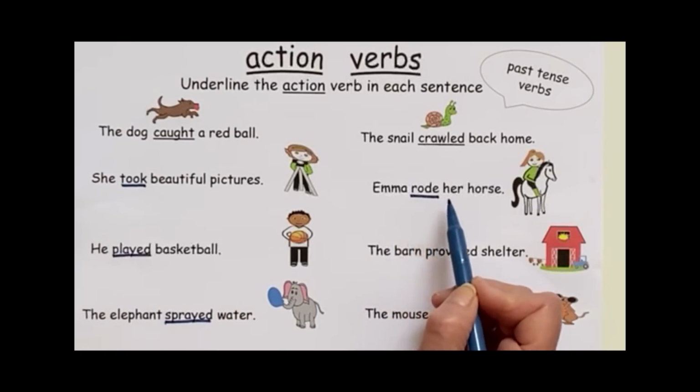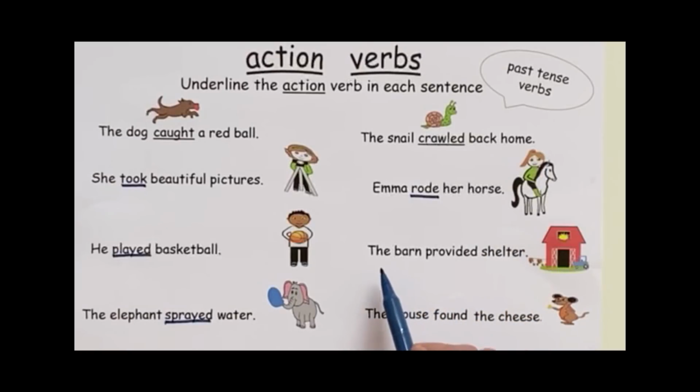Emma rode her horse. The barn provided shelter. It's daytime and the horses are back out. So provided was last night when they slept. The barn provided shelter. And the mouse found the cheese. The mouse has the cheese.